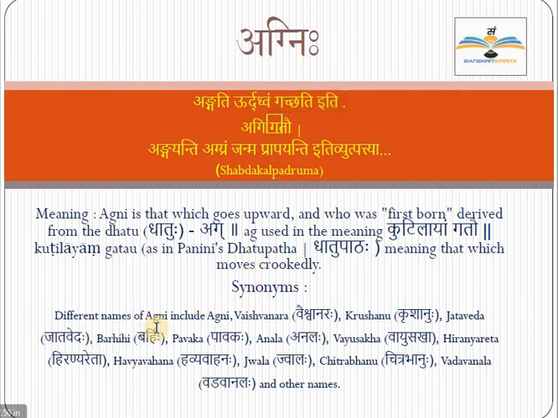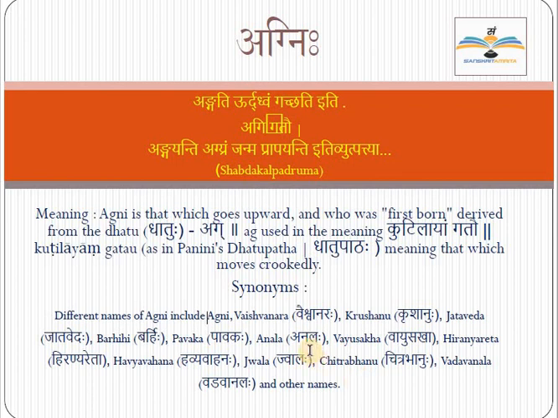Synonyms are given. Different names of Agni include Agni, Vesvanaraha, Krushanuhu, Jatavedaha, Barhi, Pavakaha, Analaha, Vayusakha, Hiranyareta, Havyavahana, Jwalaha, Chitrabhanu, Vadvanala. My dear students, for exam purpose, if you write this Nirukti and the root verb Ag, Agigato, that will be enough for sure. And if you write only a few of the synonyms, that will be enough.